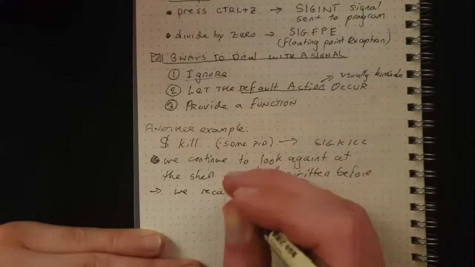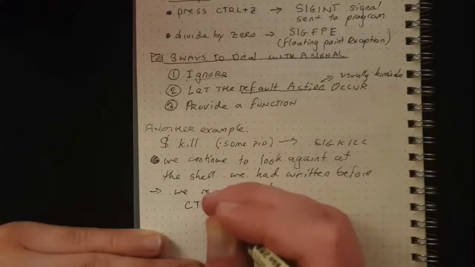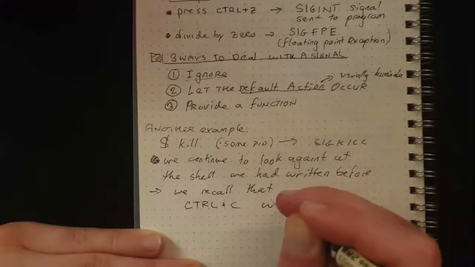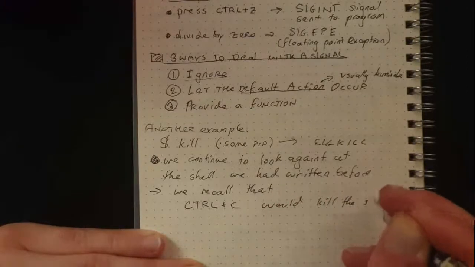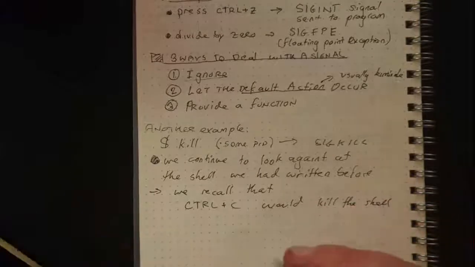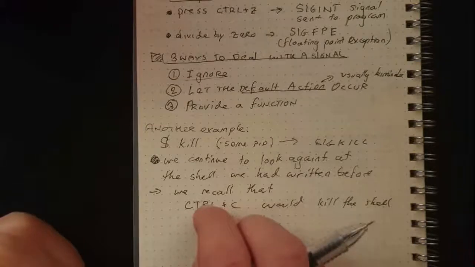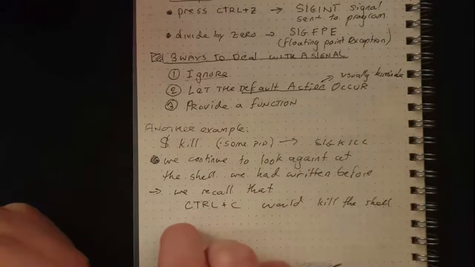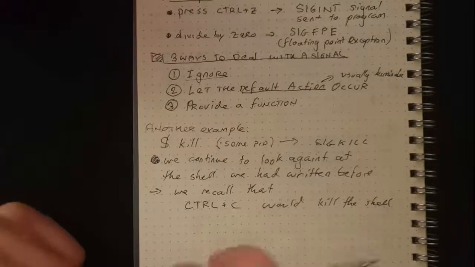You recall that Control plus C would kill the shell. However, when we run the shell, we want Control C to stop the process that is running in the shell, or if not, to just create a new line.